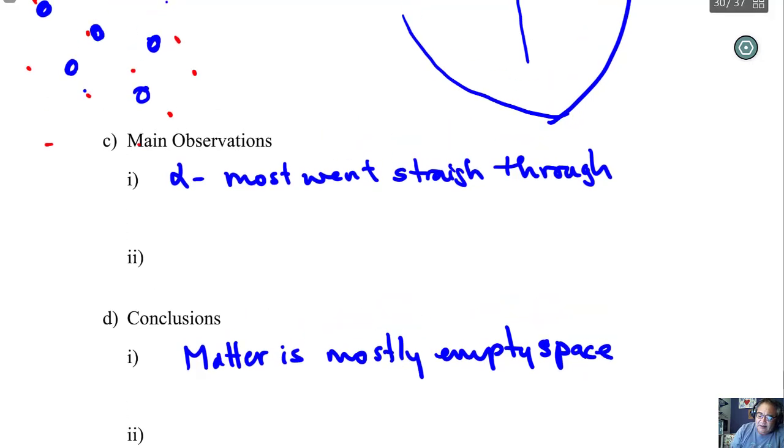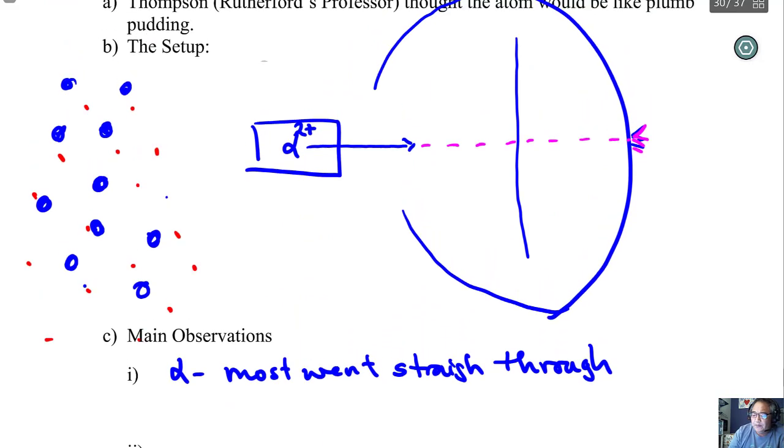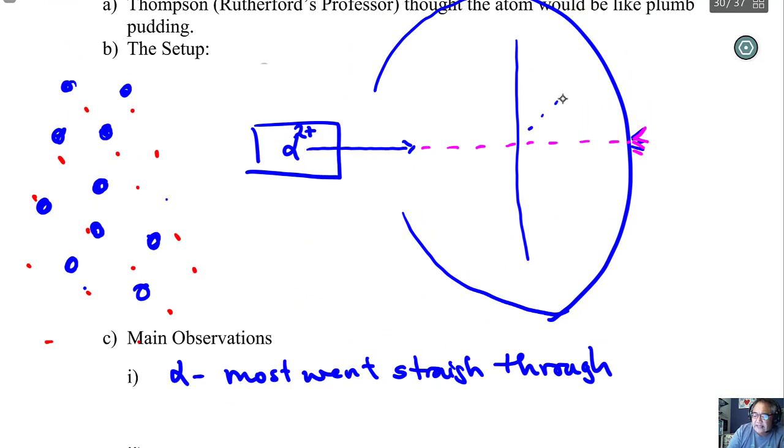The second weird thing is when they looked at the data, there were some deflections, and that's how they calculated the amount of empty space, based on the deflection angles. But the other thing that happened, which was surprising to them, is that some of these alpha particles were deflected straight back.